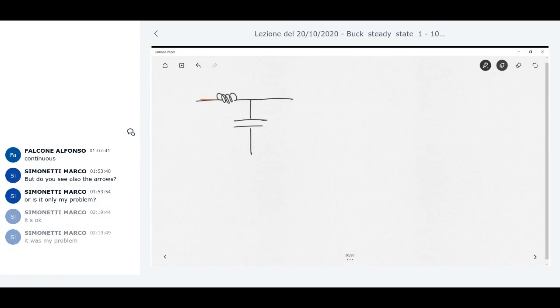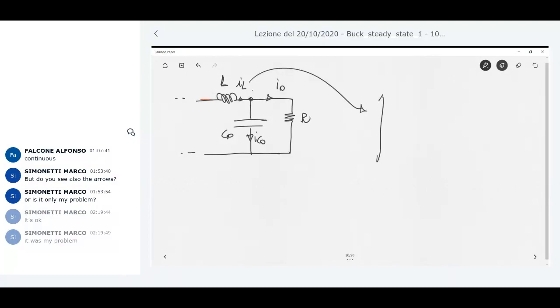So in this case, let me just draw the output side of the buck converter, which is composed of L, C0, the load, I0, IL, and IC0. In particular, I know that IL has this waveform in CCM.